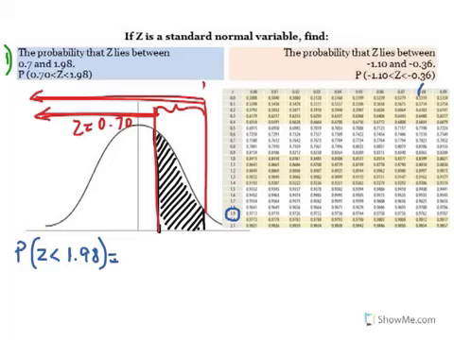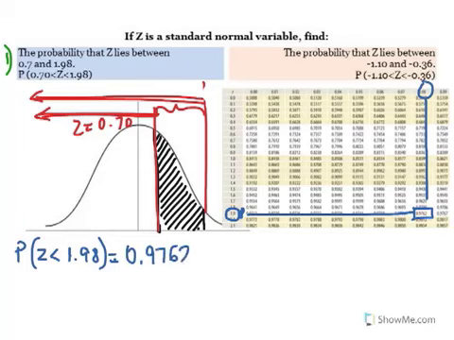Find 0.08, because that 8 will come here and be 1.98. Come down here, and where these two meet, we're going to find that area. So that probability of z smaller than 1.98 is going to be 0.9762.